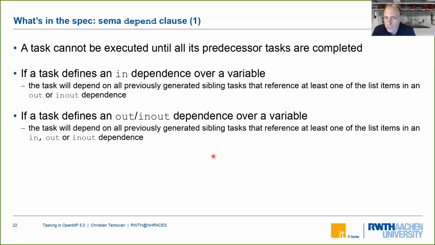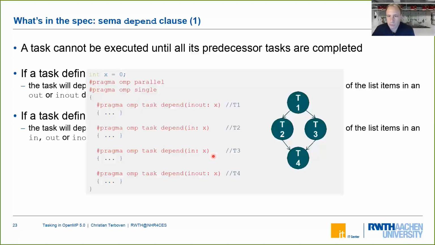And inout means it both consumes and produces. And that means if there has been a task with an out dependency before that, it has to wait because it wants to consume that value. Before I add more words, let me show that with an example.